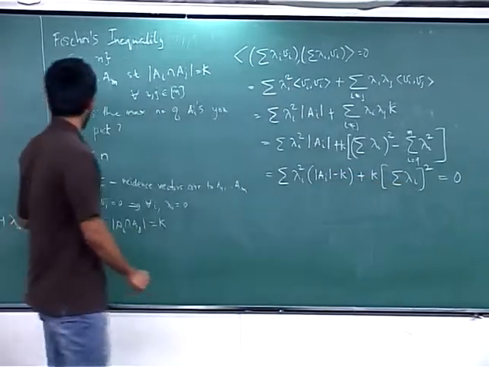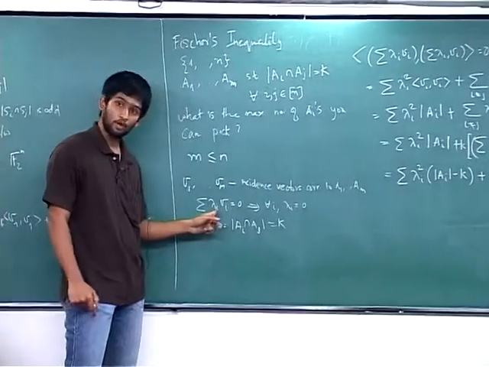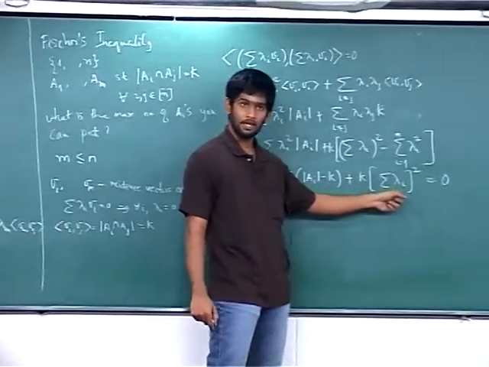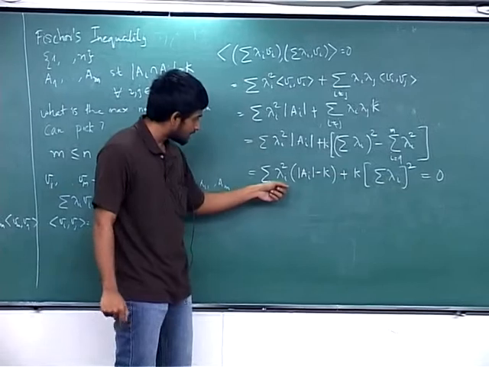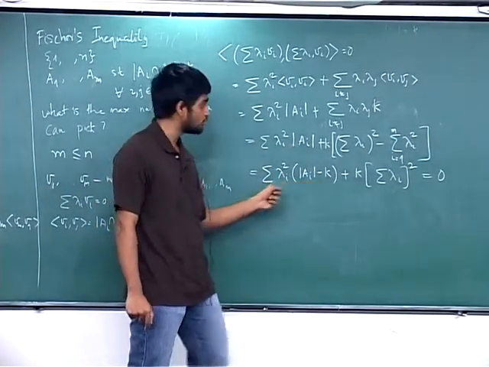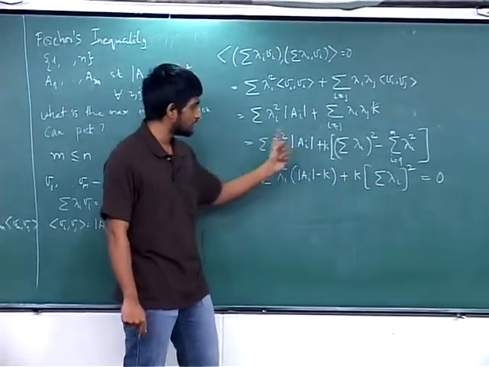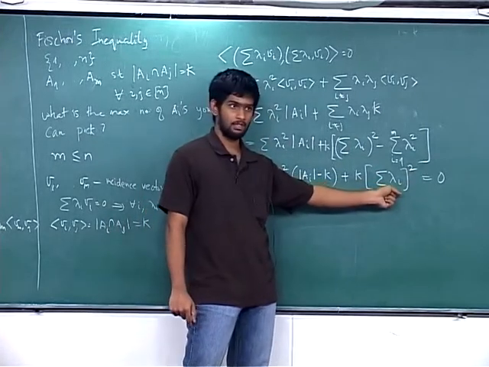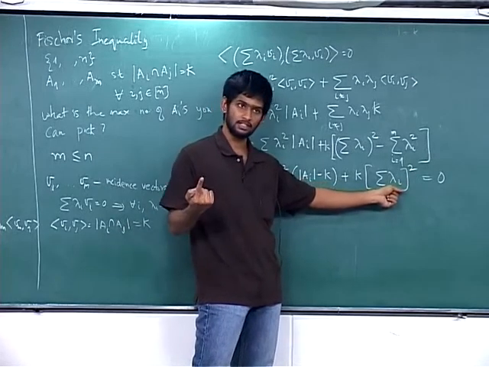See, what am I claiming? I'm claiming that you can write these vectors in this form where there is some non-zero lambda i. Now this tells me that if there is one non-zero lambda i, you need one more non-zero lambda i to make this 0. But then corresponding to that lambda i, the ai is going to survive here. So this whole thing can never be 0. How can this possibly go to 0? This has to go to 0. There is some one lambda i which is non-zero.